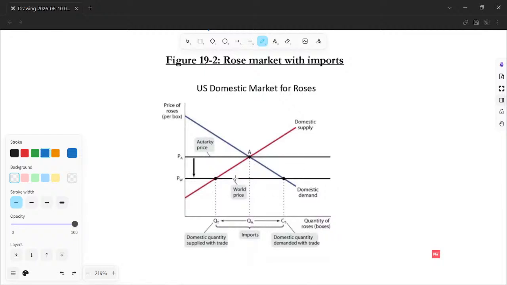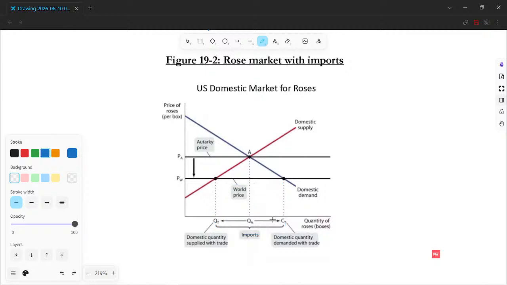World price. Right, and so that's why there's this gap. So this gap here is filled in by world supply. Right? And that's why it's drawn here.